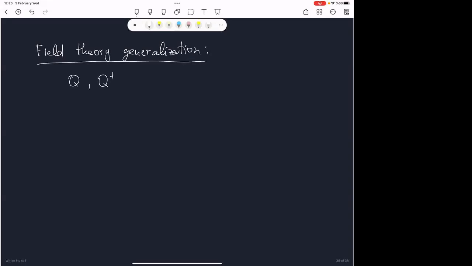What we know is that this is a symmetry, so that means that the Hamiltonian commutator with Q and Q Dagger gives 0. That means that Q and Q Dagger generate the symmetry.